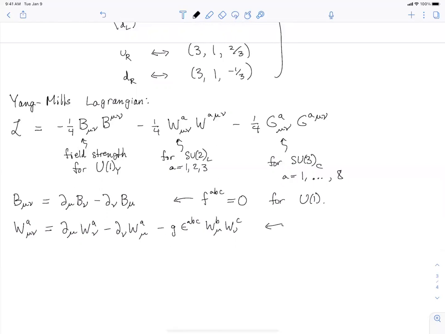And that reflects the fact that the structure constants for SU2 are nothing other than the antisymmetric tensor epsilon. This is the structure constants for SU2.